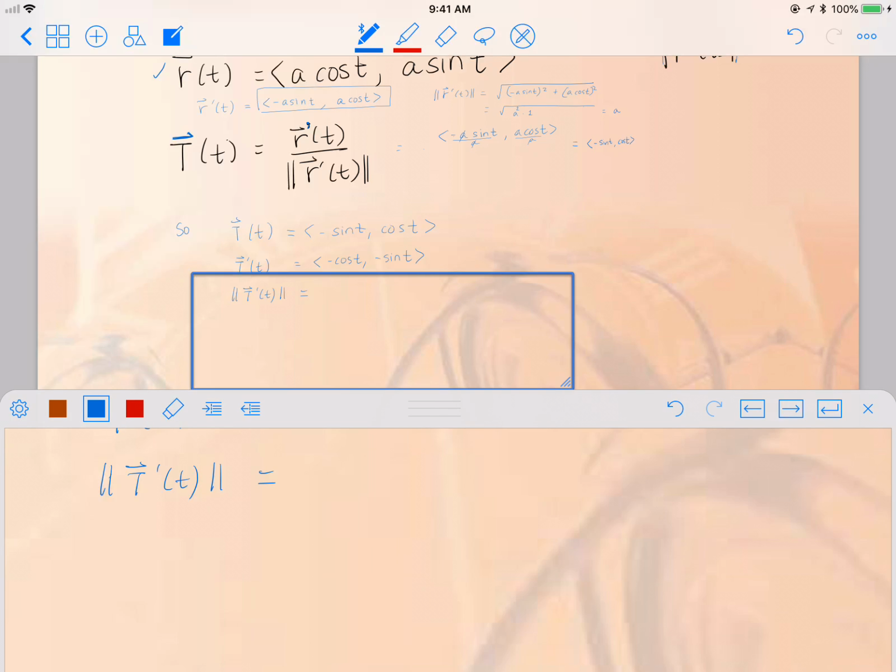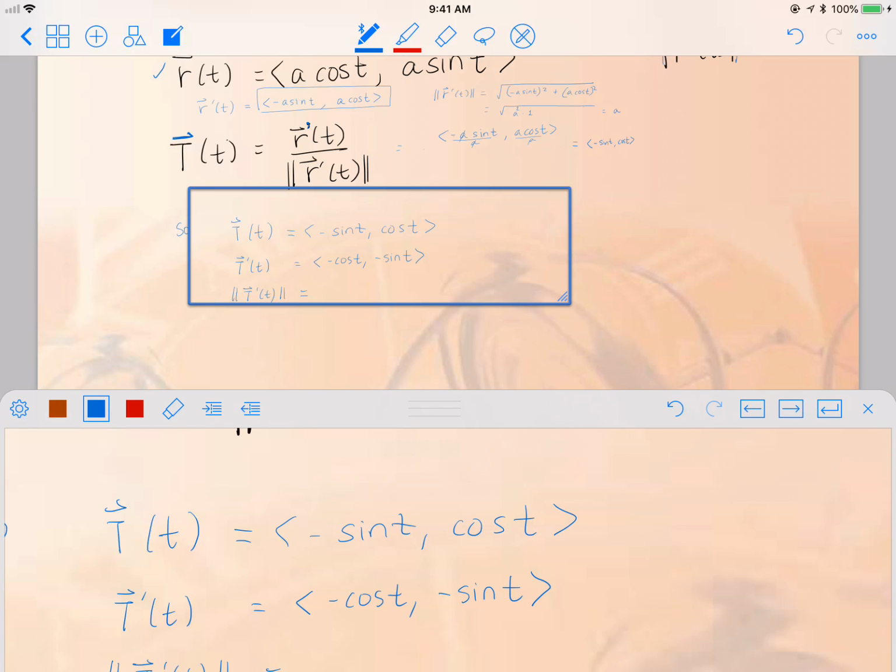So notice that, let me say this. This t is the unit tangent vector, and you can think of t prime as the derivative of a derivative.